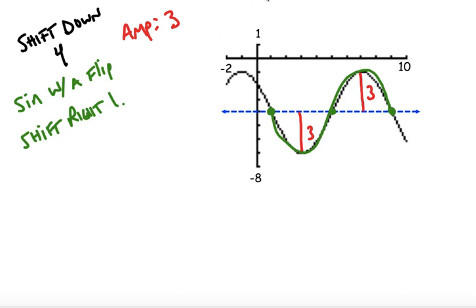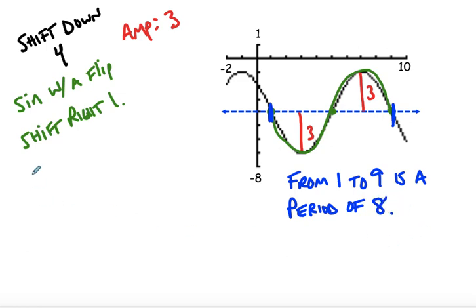And then the period is the only other thing we haven't figured out yet. So we're starting at 1 and we're going to 9. So from 1 to 9 is a period of 8. But remember, period is equal to 2 pi over b, and ultimately we need to know that b value.